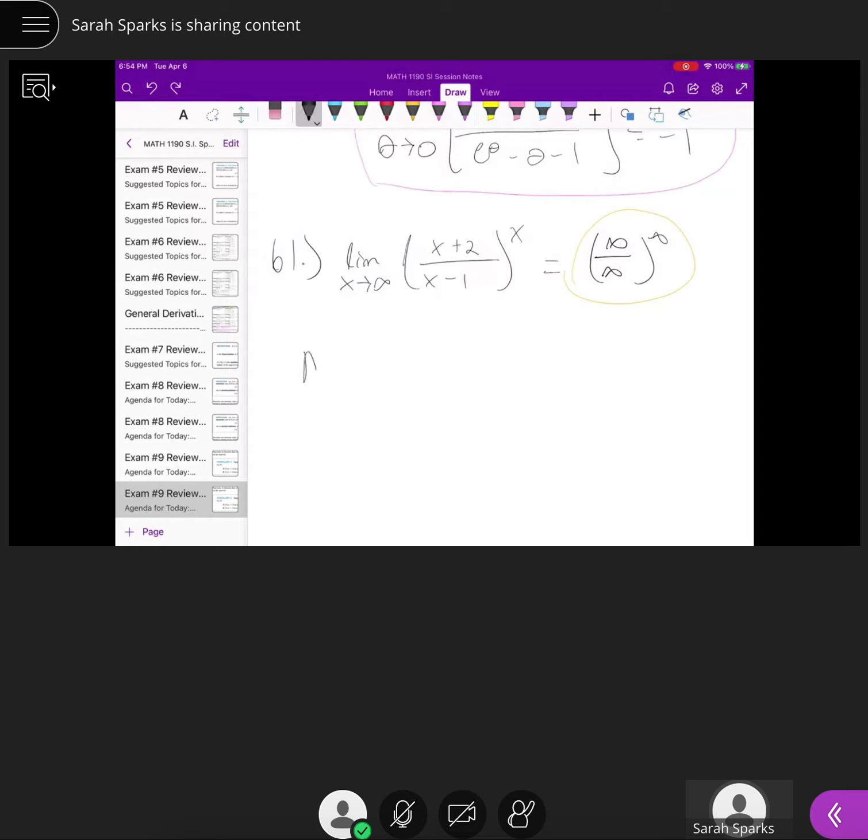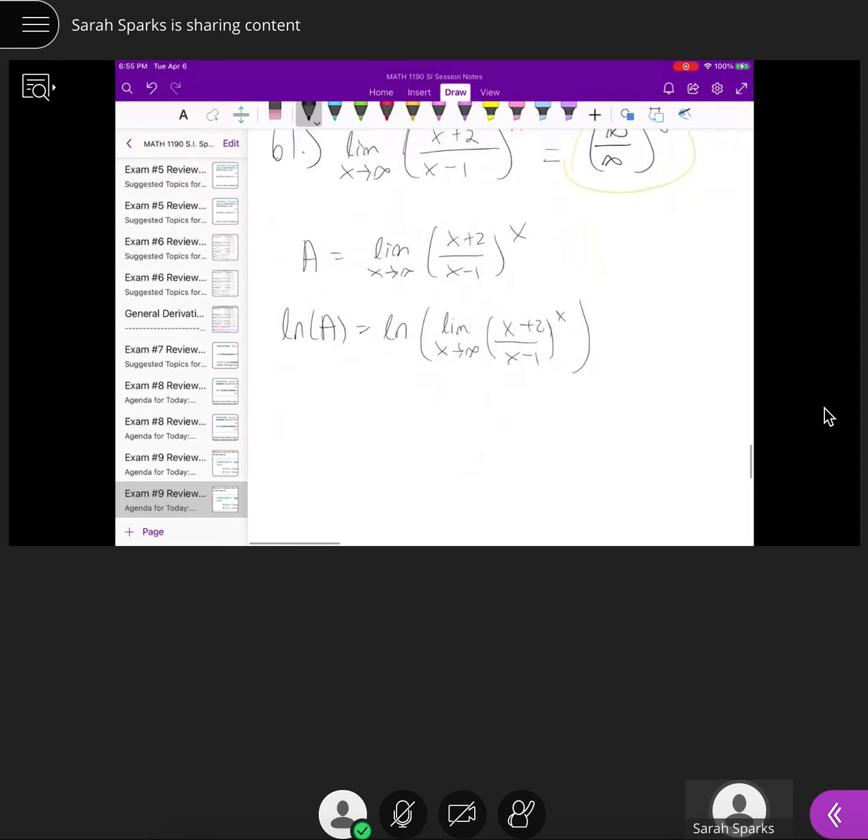So we're going to set our whole limit equal to a, (x plus 2 divided by x minus 1) to the x, and then wrap both sides in natural logs.